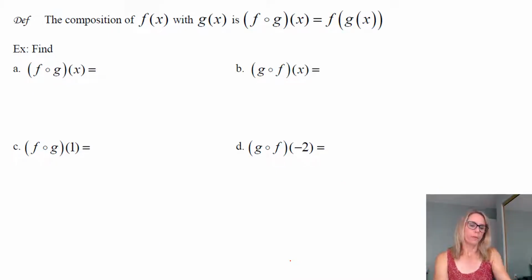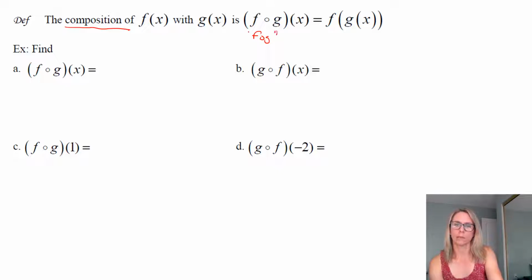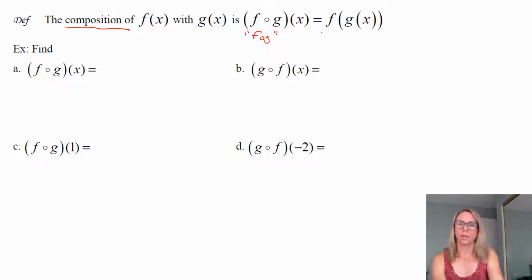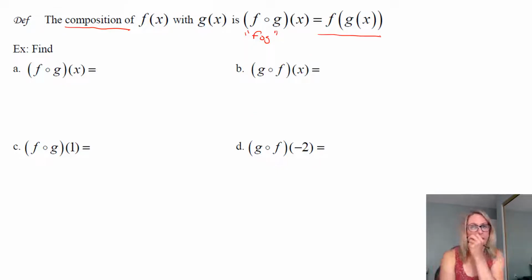Now, a kind of bigger thing that comes up later in calculus when you use the chain rule, spoiler alert, is the composition. So the composition of two functions looks like this. Sometimes it's literally called f circle g. You might see that. But it's by definition f of g of x. So that's how we say that, f of g of x.